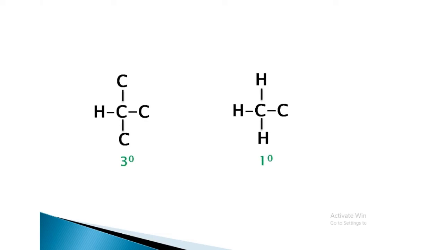Remember, carbon and hydrogen roughly have the same electronegativity, but carbon is slightly more electronegative than hydrogen, which means that the tertiary hydrogen will technically be in the proximity of 4 carbons, whereas the primary hydrogen is in the proximity of 2 hydrogens and 2 carbons here.